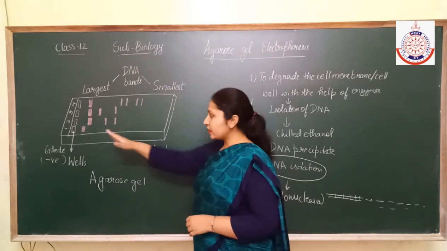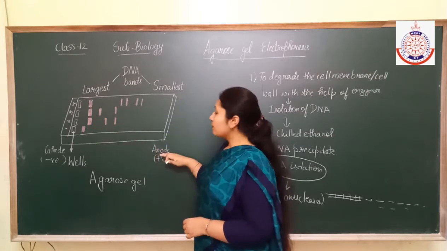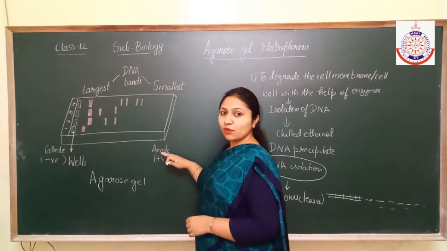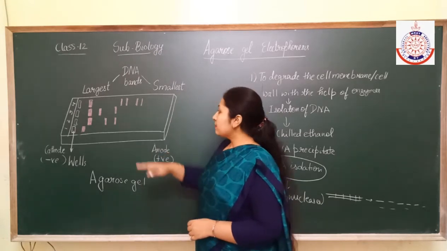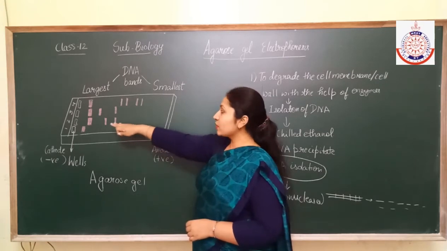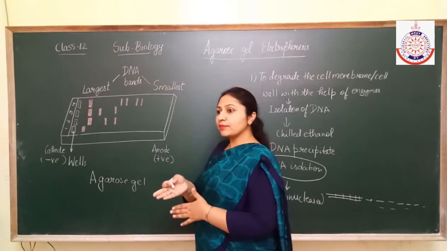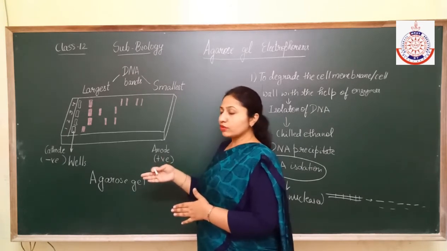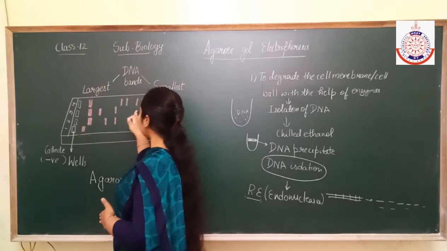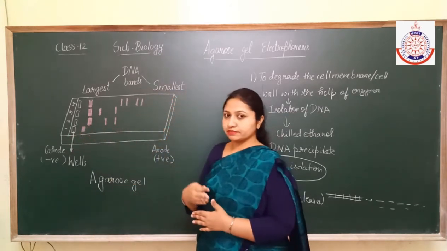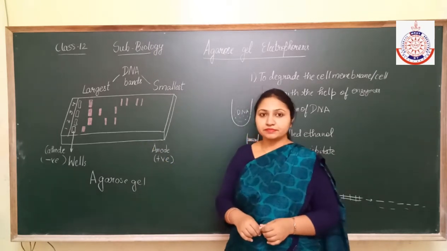Because DNA is negatively charged, so it will move towards the positive side, the positive electrode, the anode. And on the basis of mass, how? The DNA fragments which are larger in size are not able to move fast, so they will remain toward this region, and the smaller fragments will move fast. In this manner, the DNA fragments are separated.